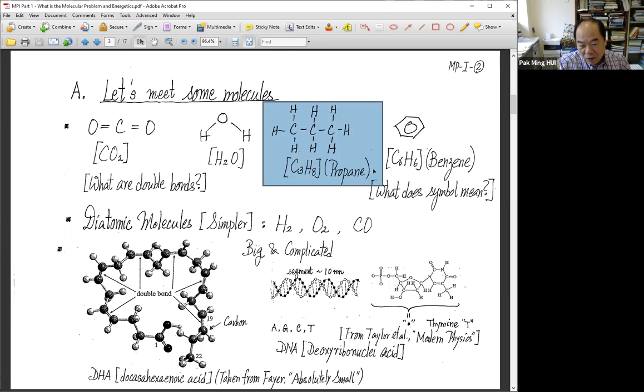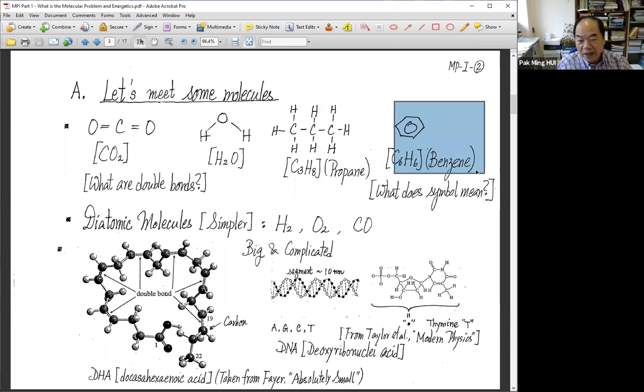Not only this one, for example, you have CH4, and that will be a wonderful place to study hybridization, something that you might have heard before. And then we have this carbon hydrogen thing again called benzene. In particular, very often you see a circle inside this symbol.